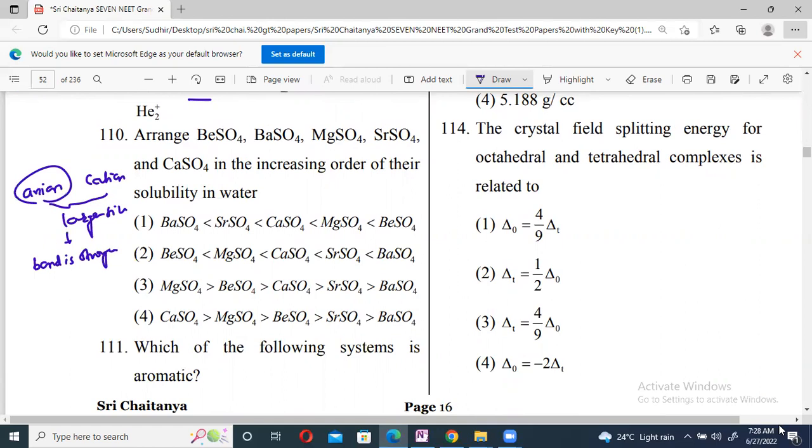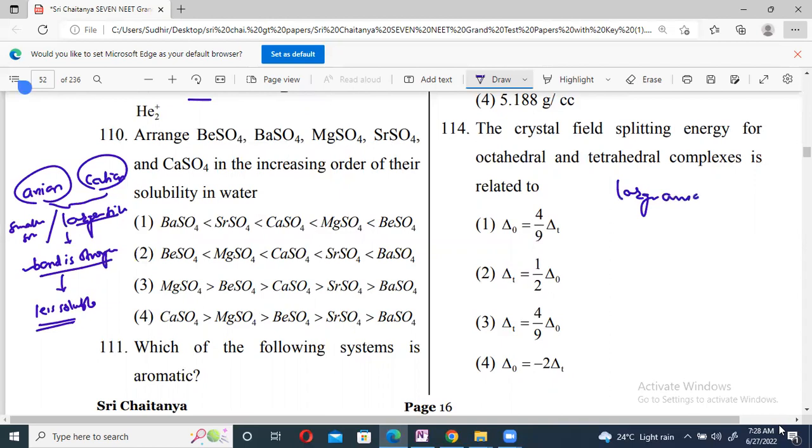What about anion, cation, larger size? Bond is stronger, and if bond is stronger, that means less soluble. Another case, anion, cation, if it is a smaller size, then also bond is stronger, then it is less soluble. Now check it here. Anion, larger size of the anion means what? I'll show you.